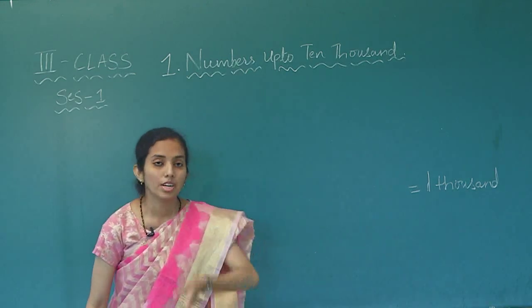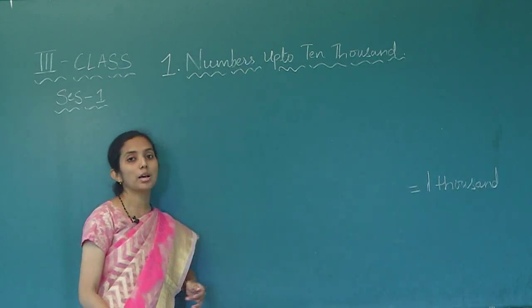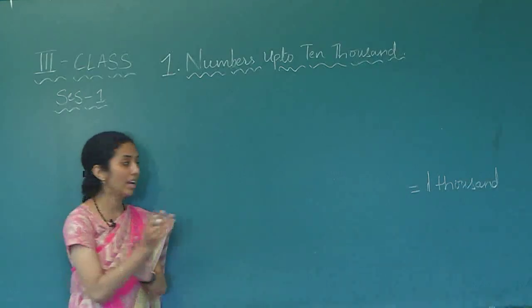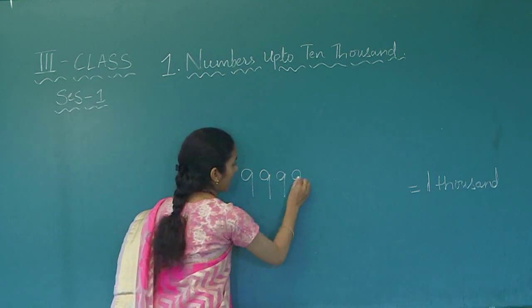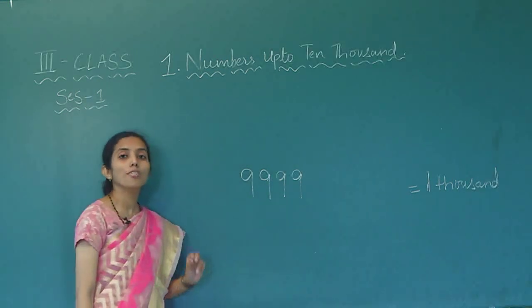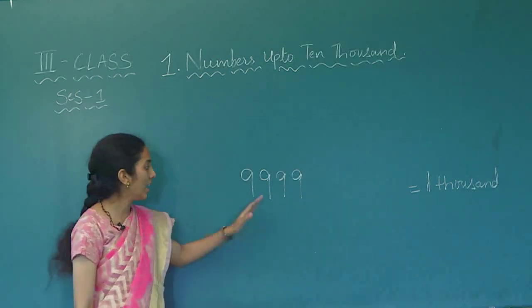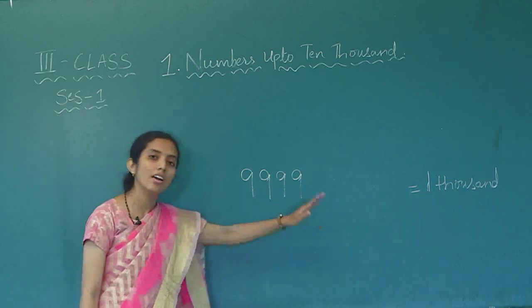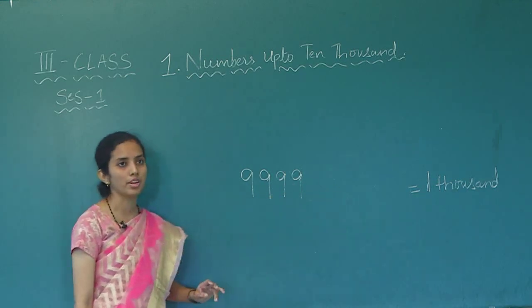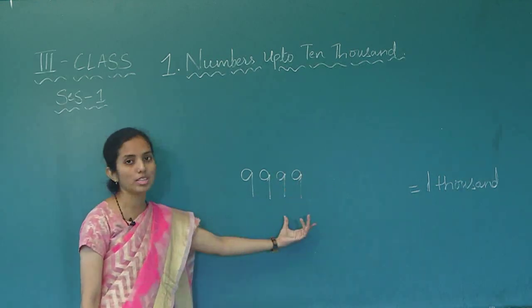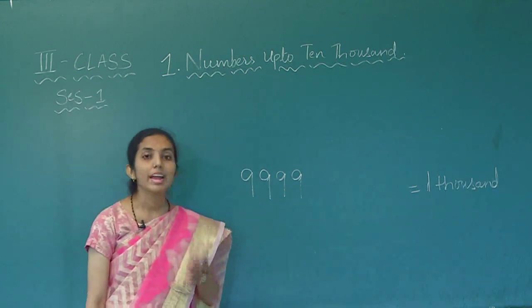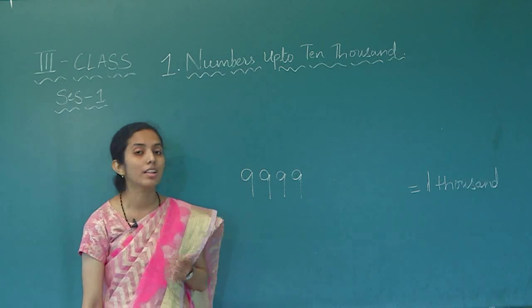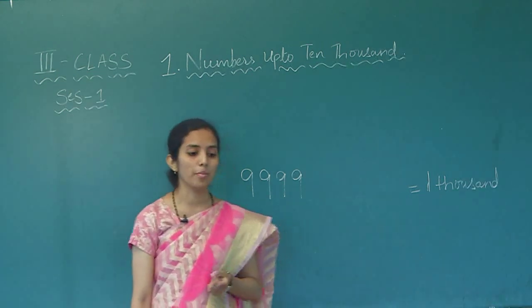Till how many 4-digit numbers are there? 9999 are the 4-digit numbers. Till 9999 we can write 4-digit numbers. If you add 1 to this number, what does it become? It becomes 10,000, that is a 5-digit number.